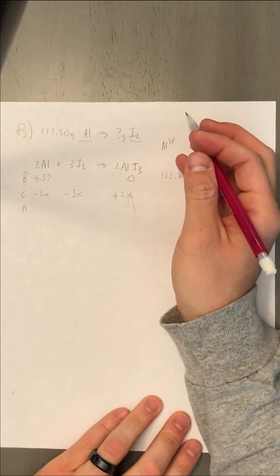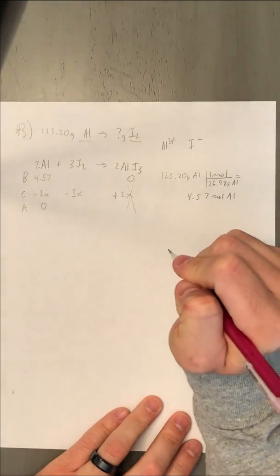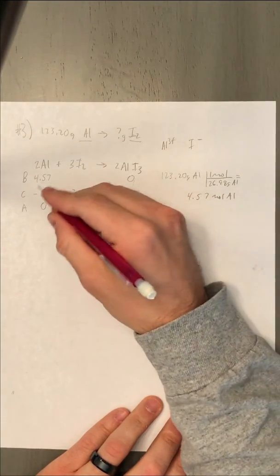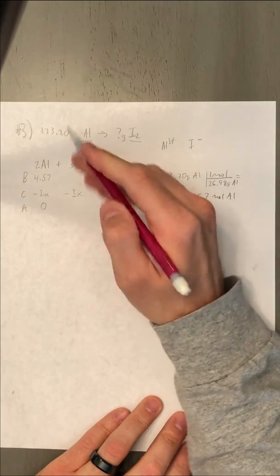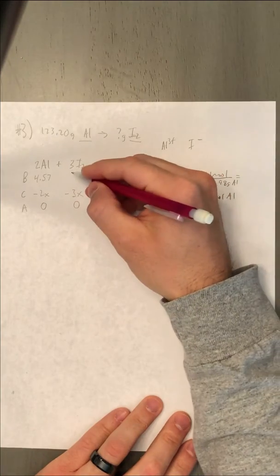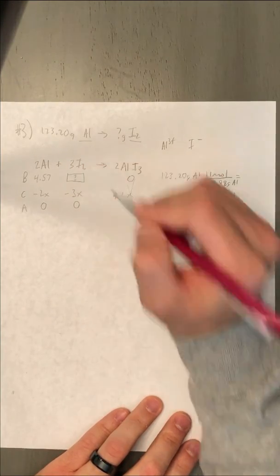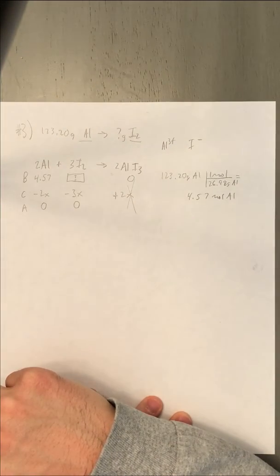We talked in class, if you remember, one of these is going to run out, so we'll put aluminum running out. But when we are converting from a reactant to another reactant, we just assume they're both going to go to 0 so that we can fill this in and solve for x. And so the number we're really solving for is what number goes right there.